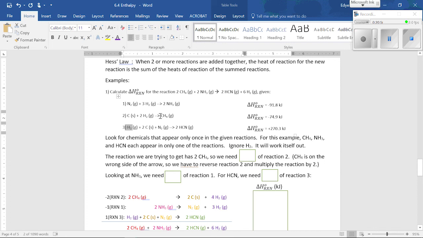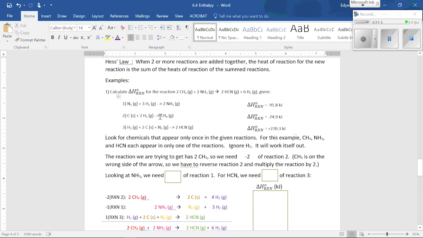So then I look at these and I say, oh, reaction 2. It's got 2 methanes on the wrong side. So I'm going to multiply this reaction by 2 and then reverse the reaction. So I'm going to make the reaction go in the opposite direction, which means I'm going to put a negative sign. So I need -2 of reaction 2 because I have to reverse to get the methane on the reactants instead of the products. And I need 2 methanes.